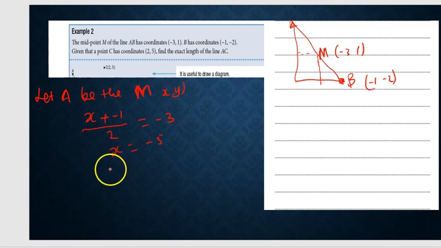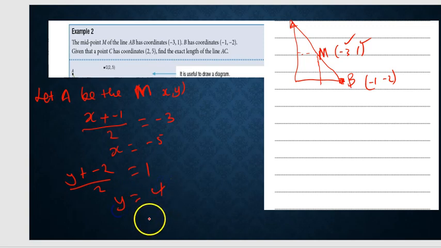Also, we can take Y plus negative 2, divide this by 2. This is going to give us 1, because we have the midpoint negative 3 and 1. Such that our Y value by computation gives you 4.